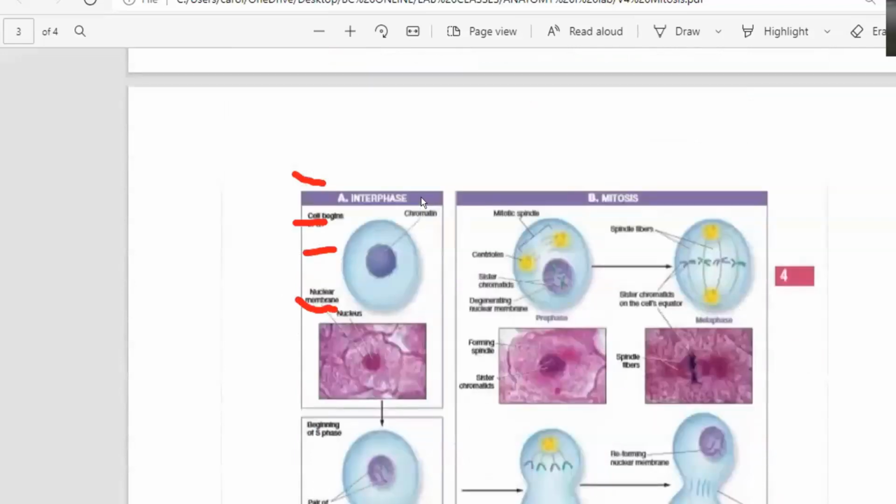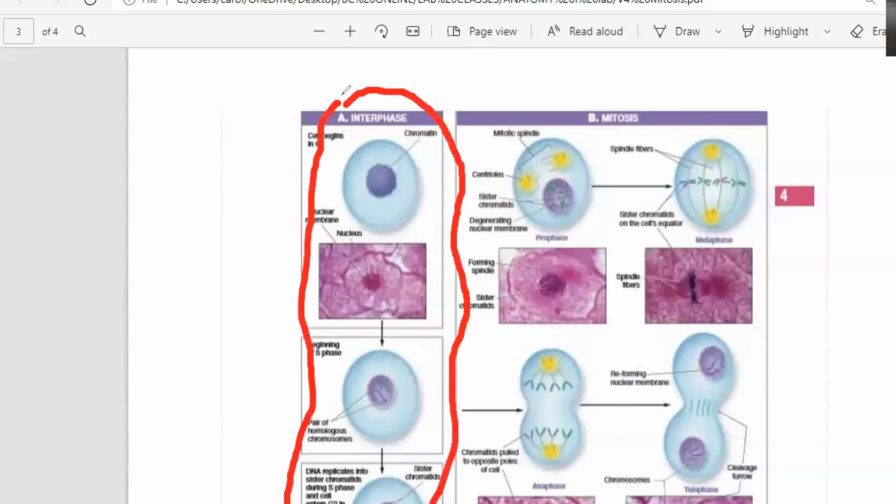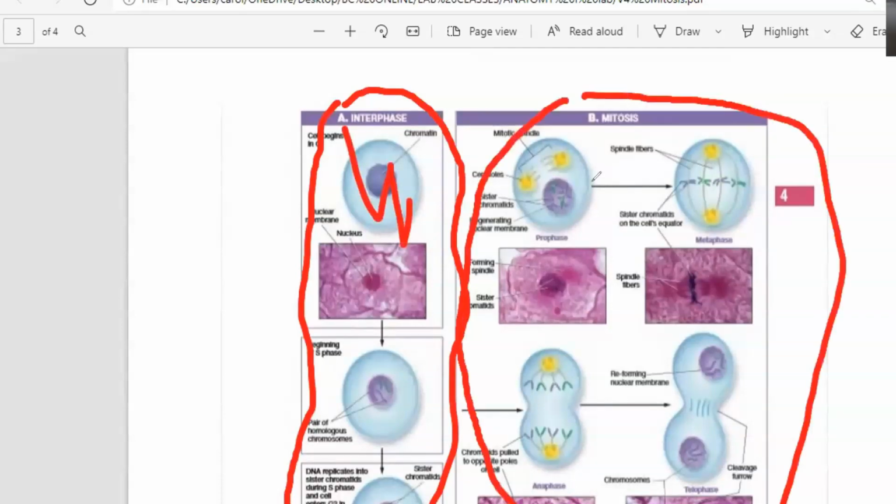If we look over here, everything that happens in your cell when the cell is working, that is going to be interphase. So remember we said the cell is working, that's going to be interphase. So this is working. What is this one? You cut your skin and now you need to go to this part, which is going to be what? Cell division. You got it?